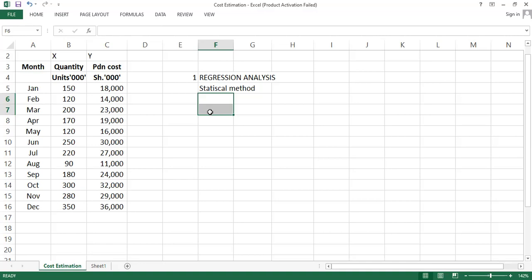Yeah, so the question reads that Farmgate Company Limited produces and sells shovels. The company provides the following data for quantities of shovels produced and the related production cost for the calendar year 2021.